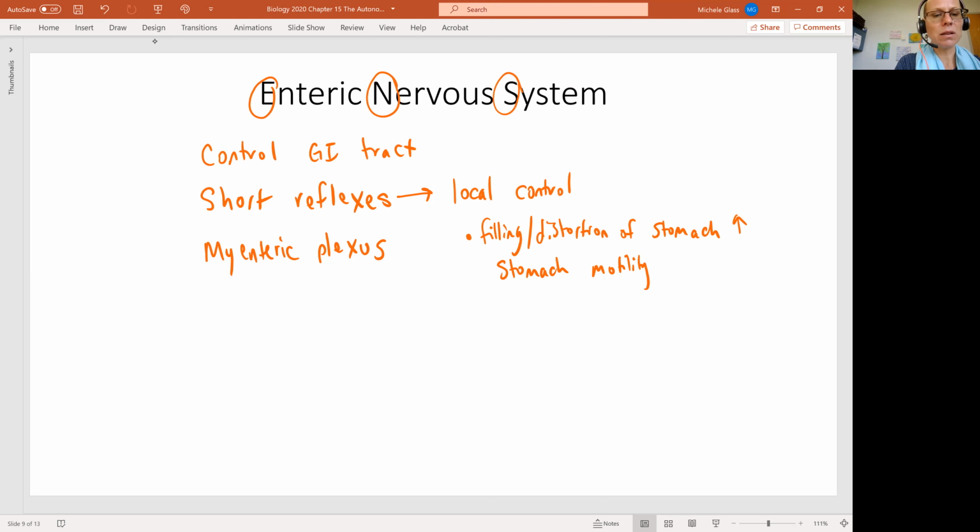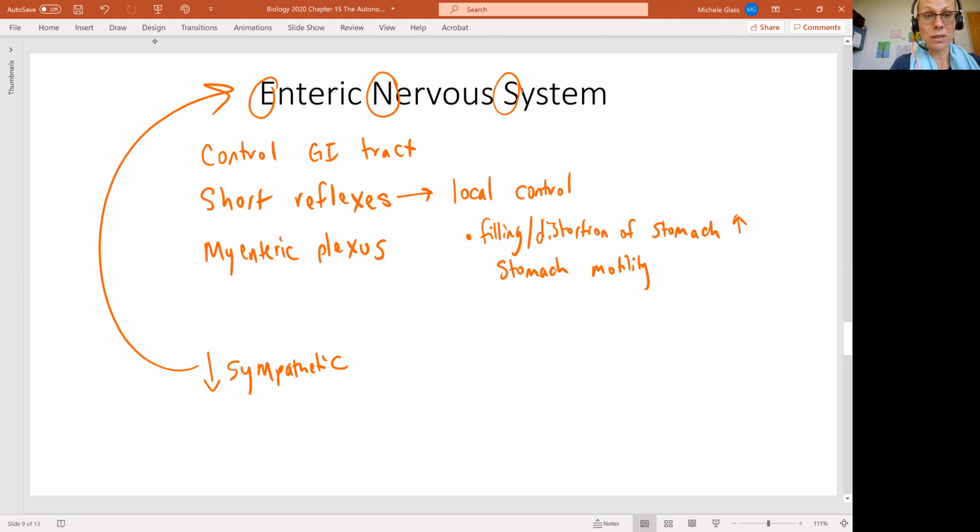And then when we talk about the enteric nervous system, we will see that it is decreased by the sympathetic nervous system, which lines up with what we've already said regarding the sympathetic nervous system decreasing the activity of the digestive system. And so then we would expect the parasympathetic nervous system to increase the activities of the ENS.